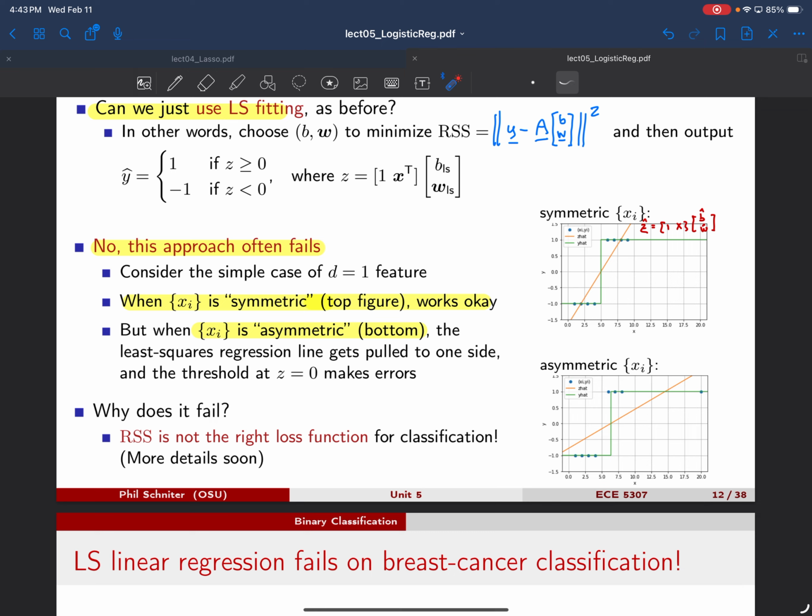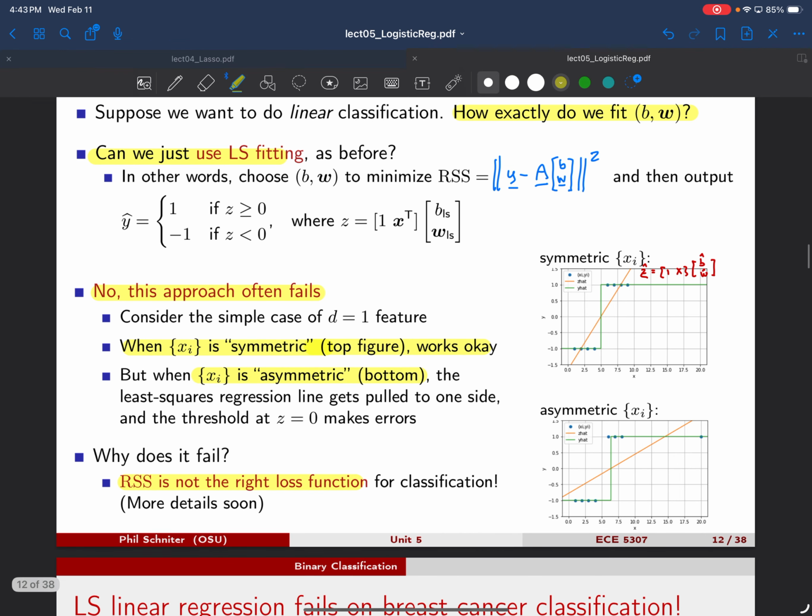Is that clear what's happening? The problem is that we applied this RSS idea without really thinking about it too much. It's not that linear classification can't work, it's just that training it this way is not going to work whenever the data is asymmetric like this. Is this idea making sense?